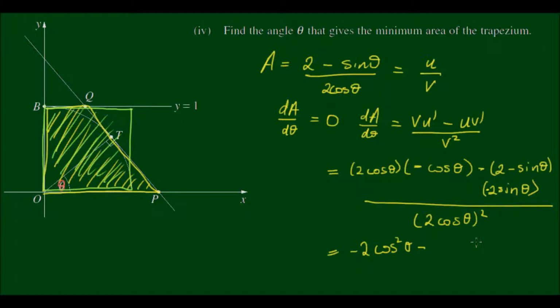I'll leave the negative out front, and I'll expand this minus 2 sine theta in, so we'll have minus 4 sine theta, and the minus sine theta times the negative 2 sine theta gives a positive 2 sine squared theta. And the bottom becomes 4 cos squared theta.